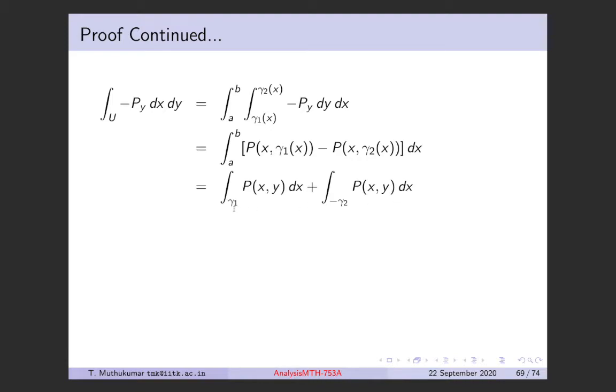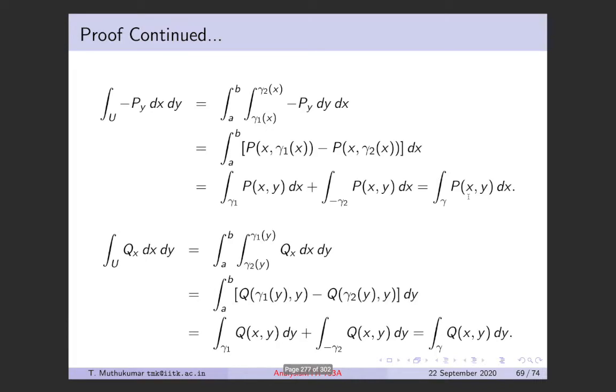So this is nothing but the integral over gamma 1 union minus gamma 2, which is the integral over gamma. So you started with a quantity on the right hand side in Green's theorem, and you have obtained one term in the left hand side. You do the same process for Q.